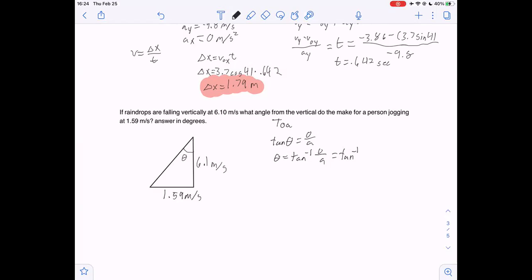What's on top? 1.59 over 6.1. Meaning theta equals what? 14.6 degrees. Any questions?